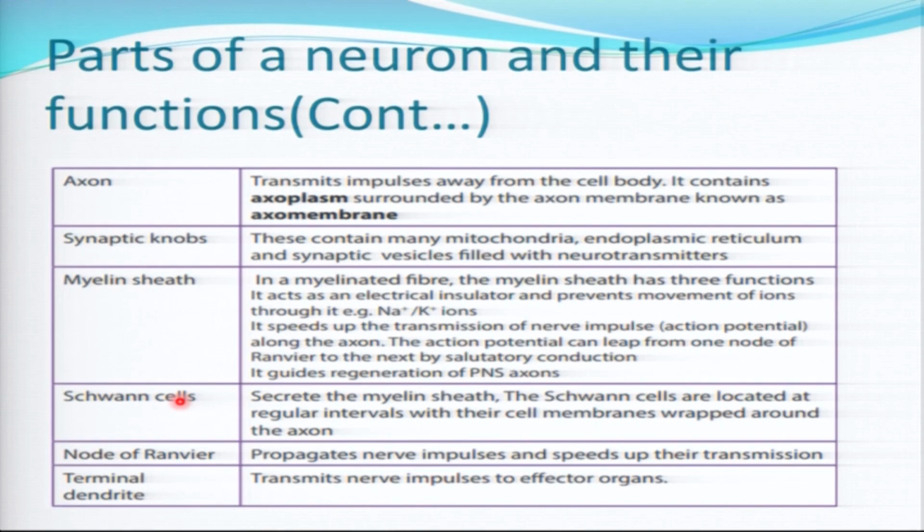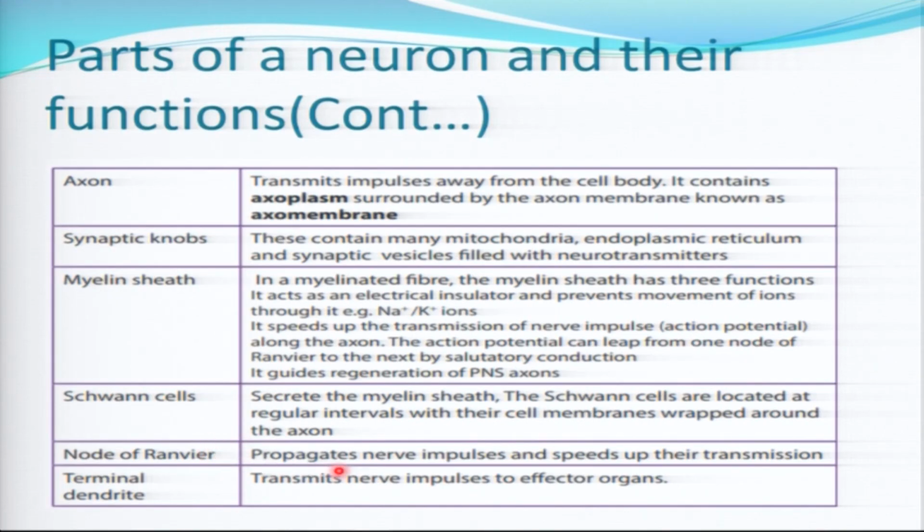We have also what you call Schwann cells. Schwann cells are actually the ones that secrete these myelin sheaths. Schwann cells are located at regular intervals along the membranes. So the role of Schwann cell is to secrete the myelin sheath. We have now node of Ranvier.